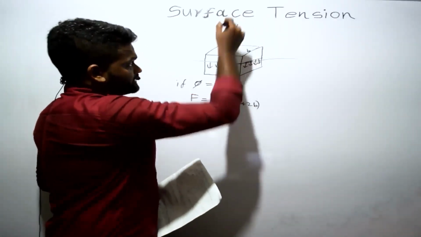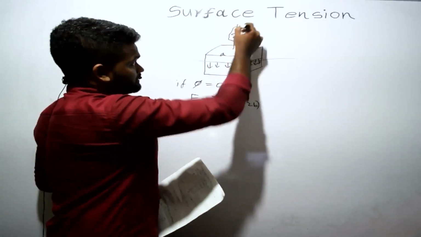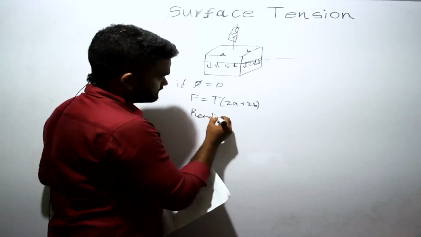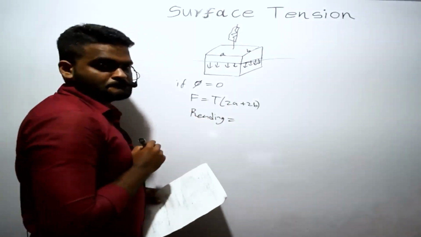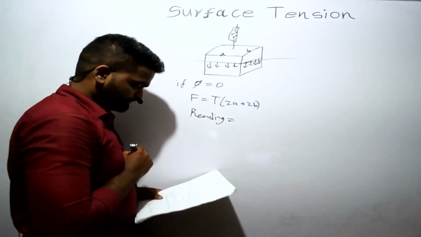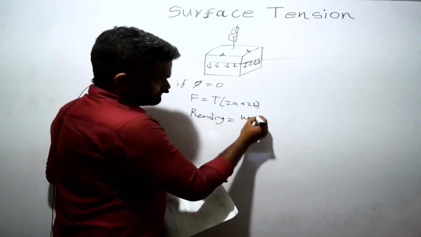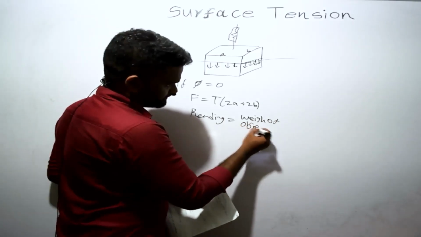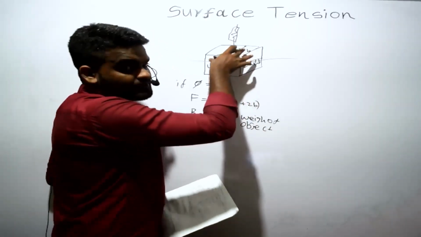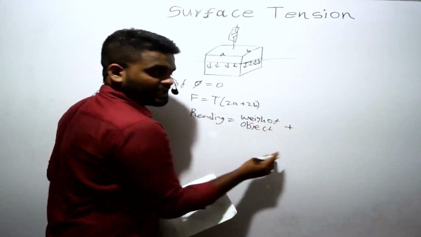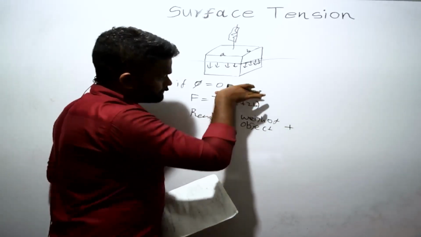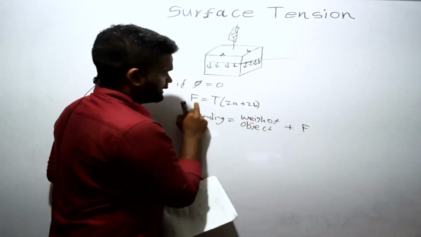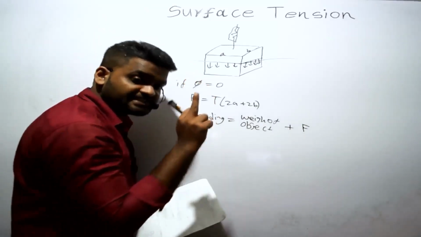Here as well there's a spring balance reading. So what should be the reading? It reads the weight of the object plus the surface tension downwards, F. There's another force here.